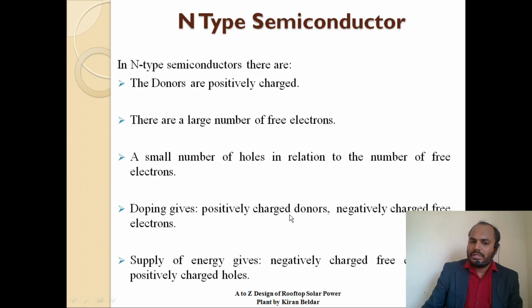Doping uses positively charged donors and negatively charged free electrons. When the antimony is combining with silicon, at that time the donors are positively charged.